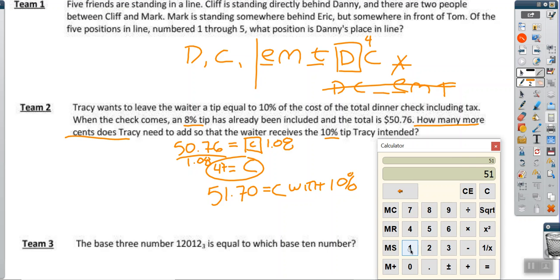So we just go 51.70 minus 50.76, and we should get 94 cents. And the trick here is, remember, it asks for the answer in cents, so you have to put 94. If you put 0.94, it would be marked wrong, because the answer is being asked for in cents. All right.